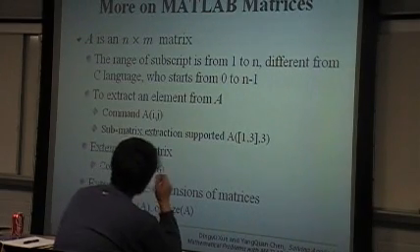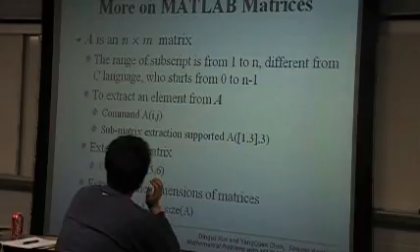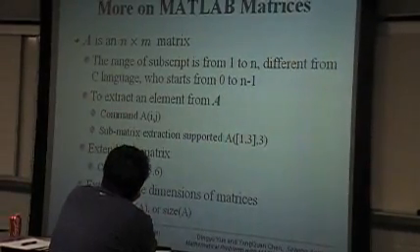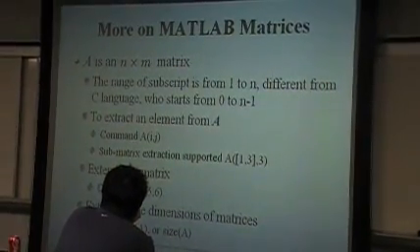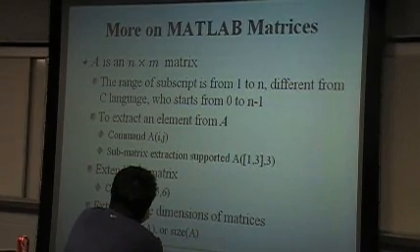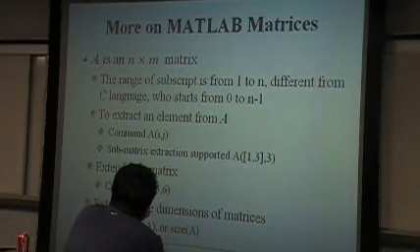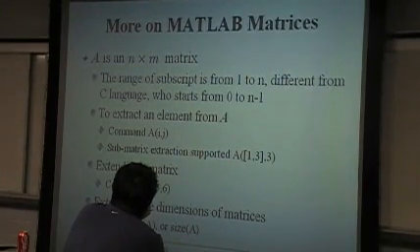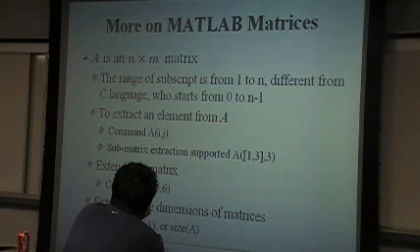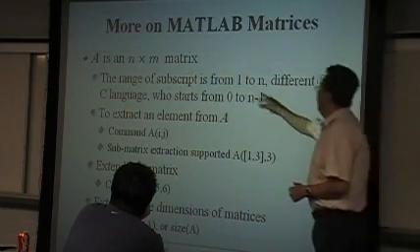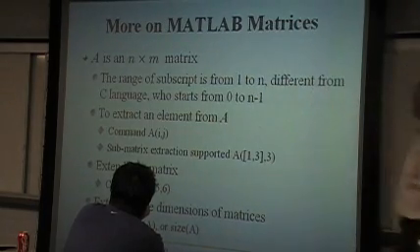Let's say more about a Matlab matrix. If A is an n by m matrix, the subscripts in the matrix will be 1 to n and 1 to m. In C, you know, it should be 0 to n minus 1. They are different, but in Matlab, we have to remember the subscript goes from 1 to n.